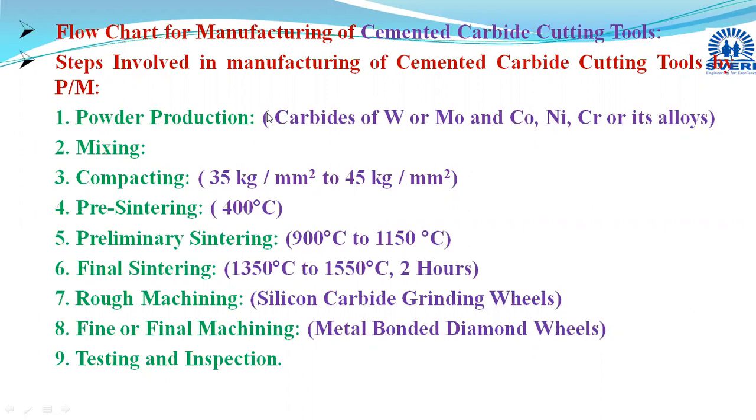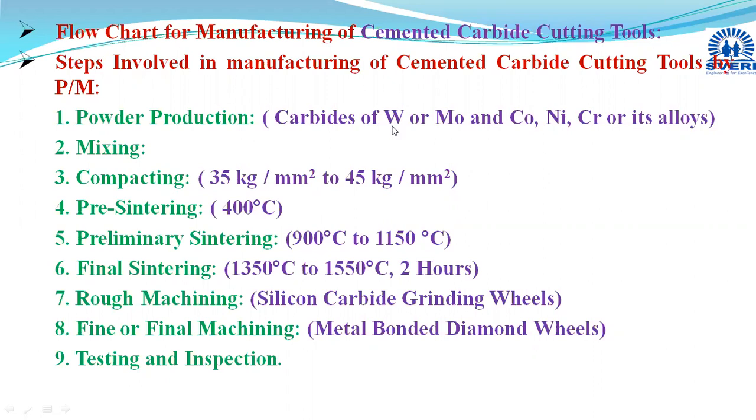Then, how are these powder particles manufactured? We have discussed in our previous session, you can refer to that YouTube link, that tungsten, molybdenum, cobalt, and chromium powder particles are manufactured by using the reduction method.